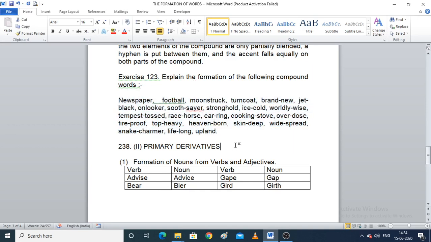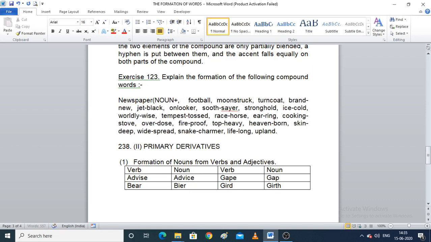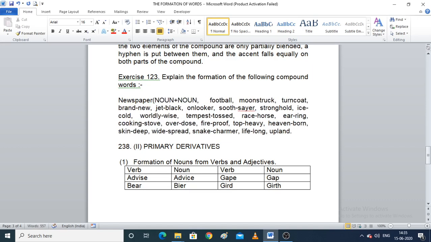I will give you an example. See this first example, newspaper. You all know that news is a noun plus paper is also a noun. So this combination would be noun plus noun. Fine.